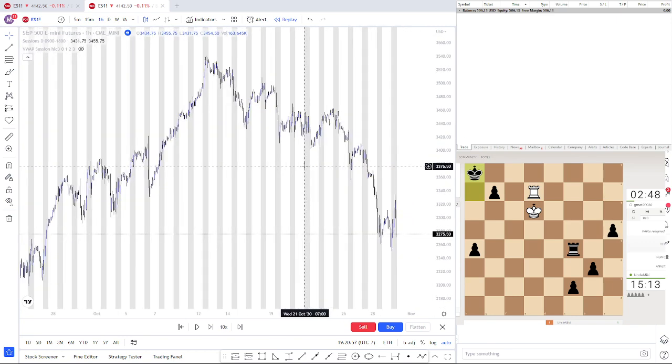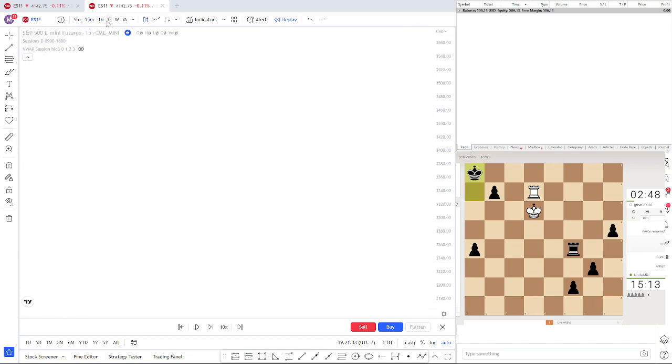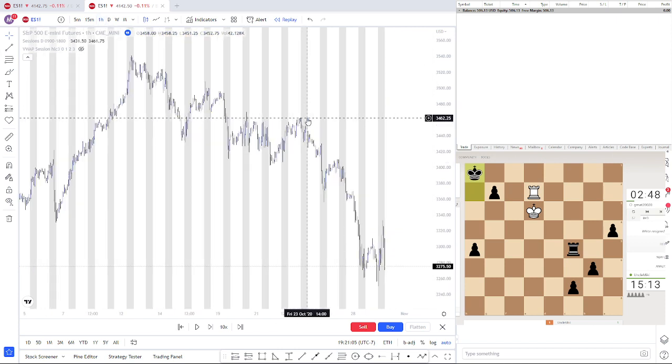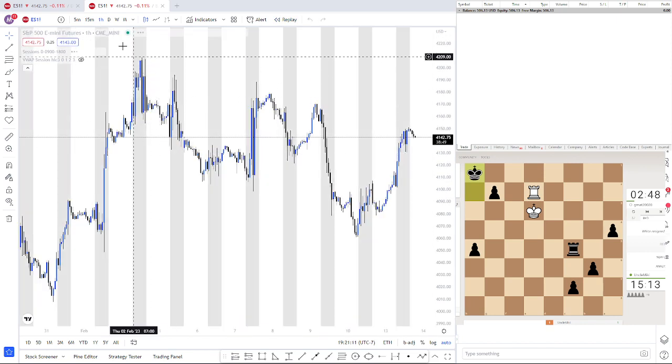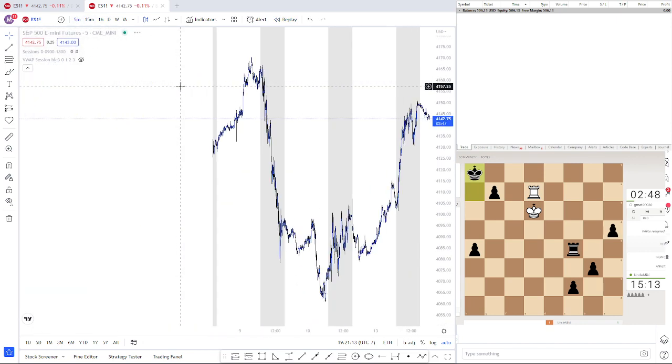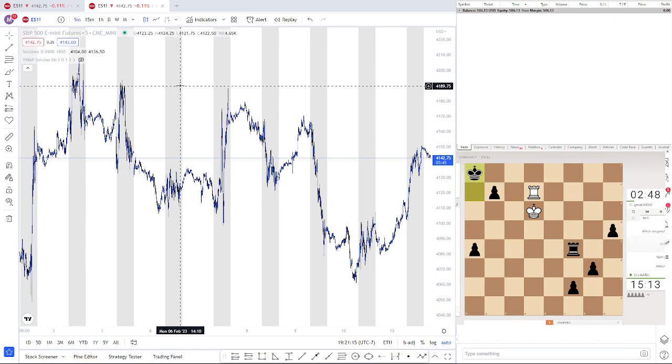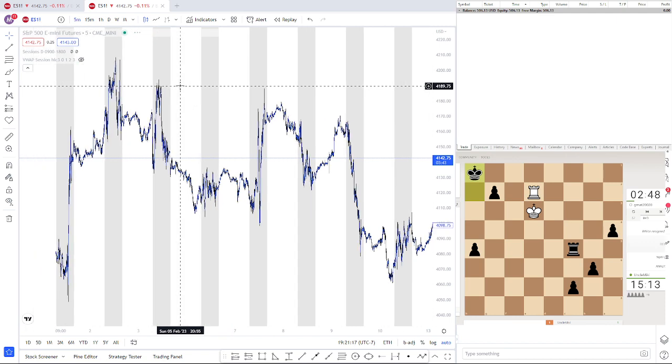Can only see the 1 hour. It doesn't go as far. We can't backtest on this one then. Yeah, let's exit the replay mode and go to the 5 and see how far back we can go.